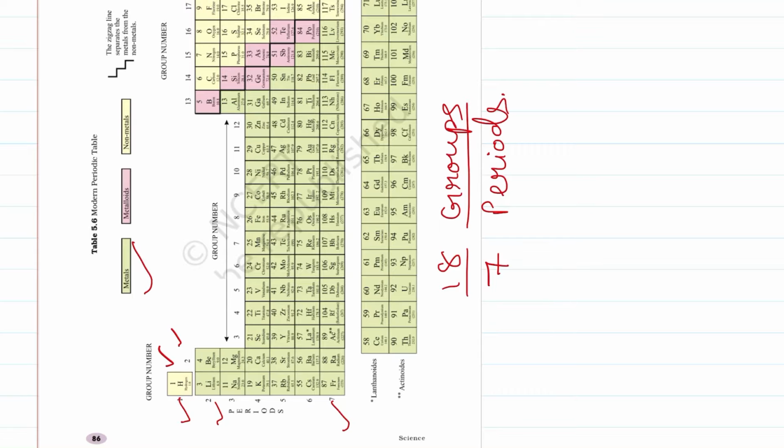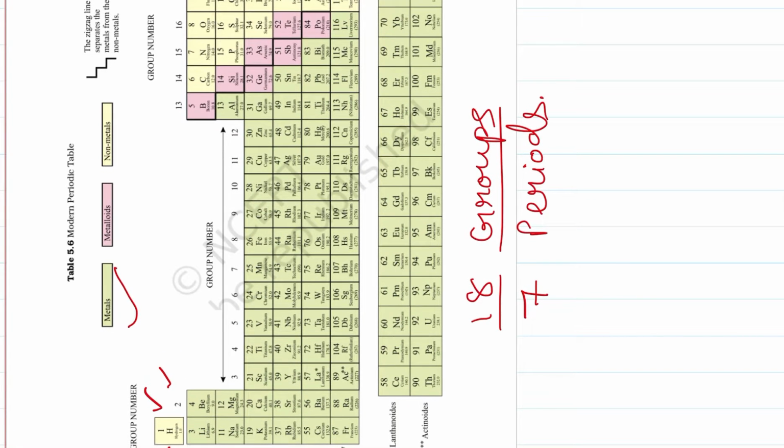The pink colored ones are metalloids or semi-metals, and the zigzag line shown here represents the separating line between metals and non-metals. So all these elements are metalloids, which have the properties of metals as well as non-metals.